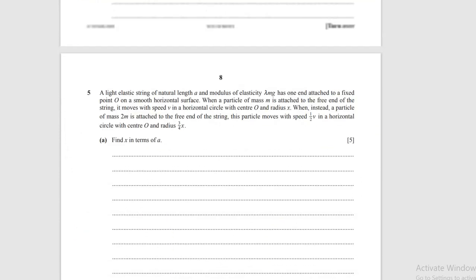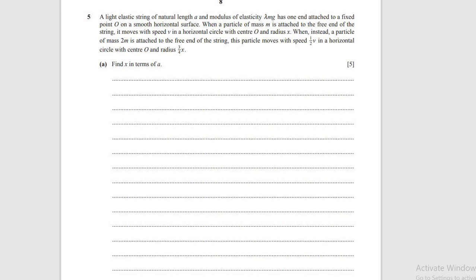Let's see the next one, number 5. Okay, now a light elastic string of natural length A, modulus of elasticity lambda, has one end attached to a fixed point O on a smooth horizontal surface.